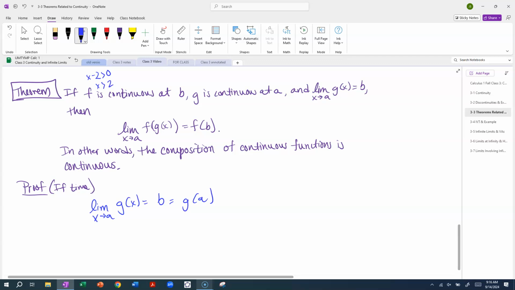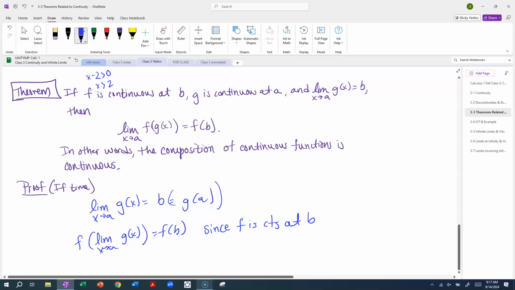Now, since I have equality, I can apply a function on both sides. The limit as x approaches a of g of x is equal to f of b. Why can I do this? We know that this is okay since f is continuous at b.